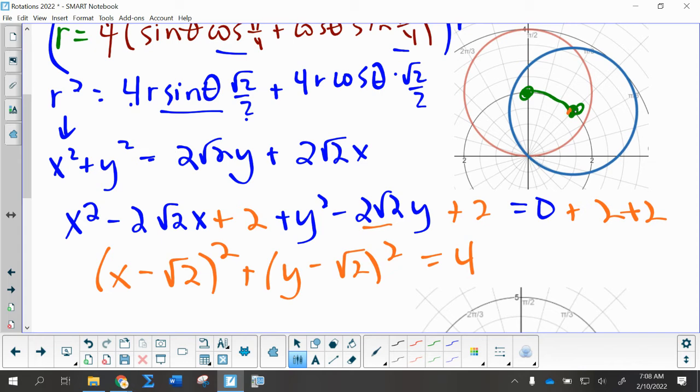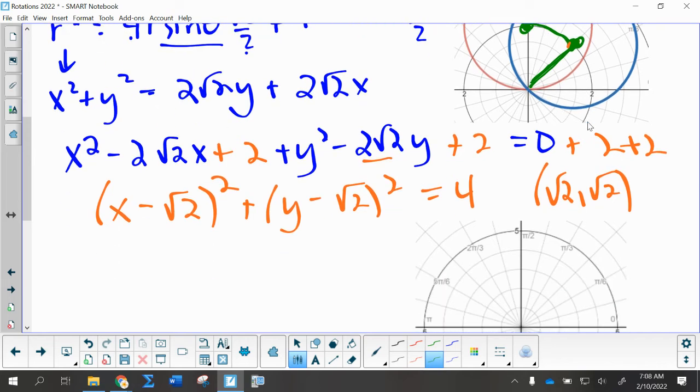Okay, so here is the center point. That point is at root 2 comma root 2. And the way you could have known that, you could go back to what you learned on day 1 of this unit: this point right here is on the second circle, so the radius is 2, and it's at the pi over 4 angle.